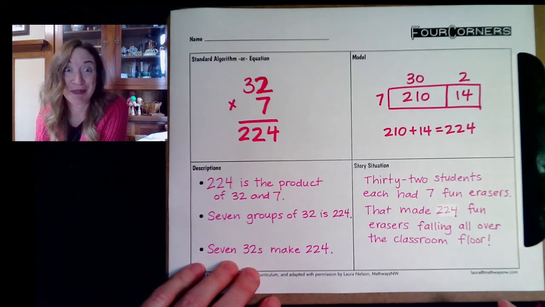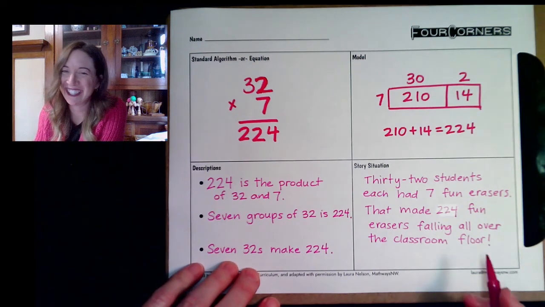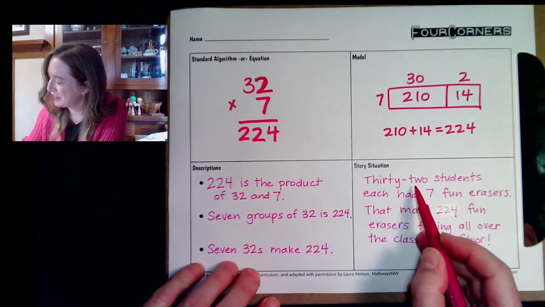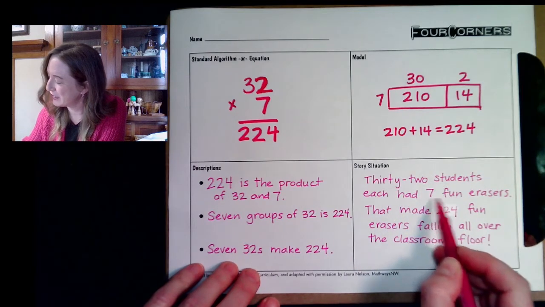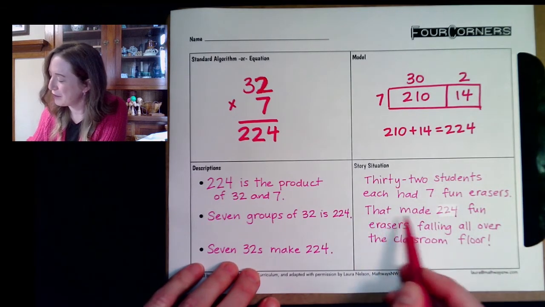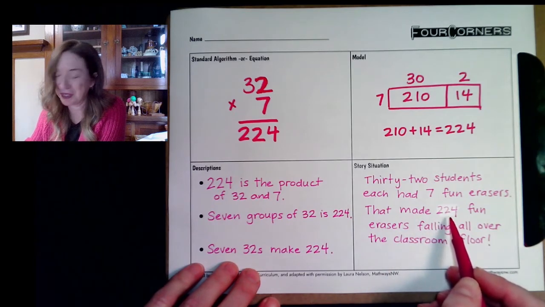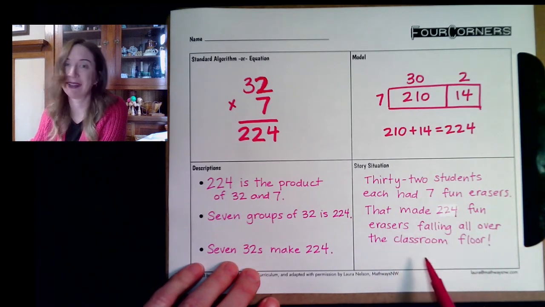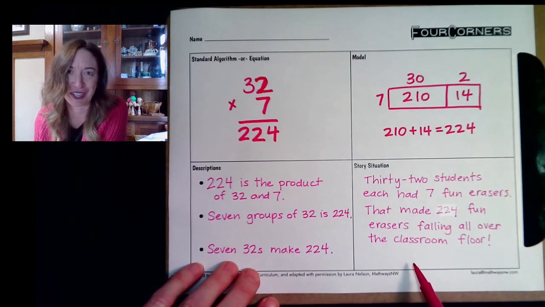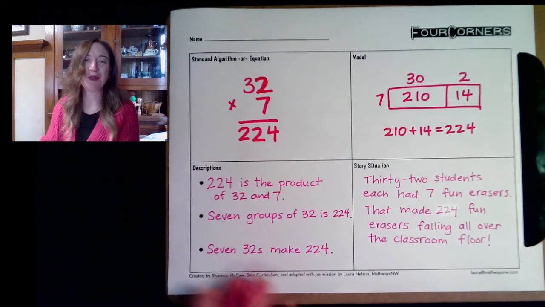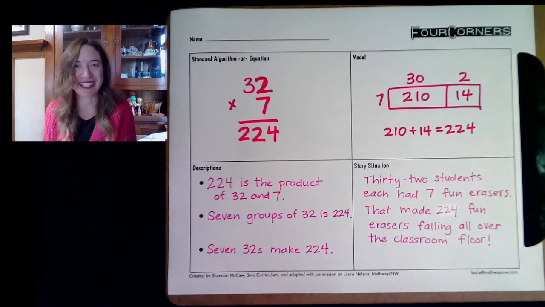Good thing I checked my work before I read it. 32 students each had 7 fun erasers. That made 224 fun erasers falling all over the classroom floor. Friends, I hope you have fun with Four Corners. I can't wait to see what you do.